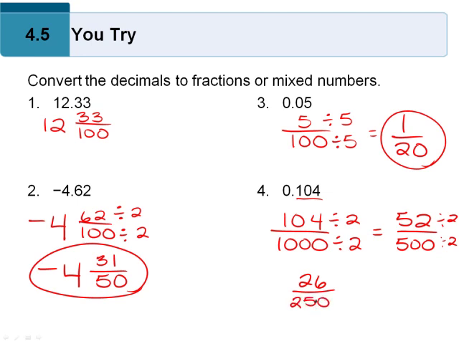Still 2 even numbers, divide by 2 again: 26 divided by 2 is 13, and 250 divided by 2 is 125. And that is it, because 13 is prime, so you can't go any further.